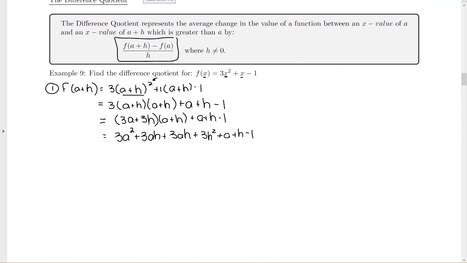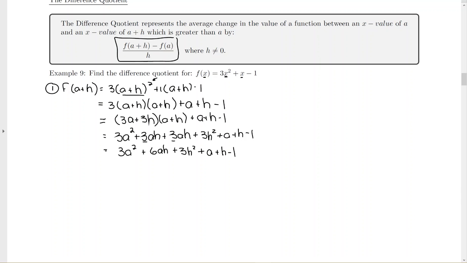Combine like terms, and that's just the ah's. You can add the 3 and the 3 together. And then, what else do we have? Plus 3h squared. So those were our only like terms.